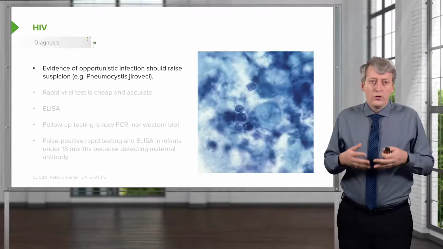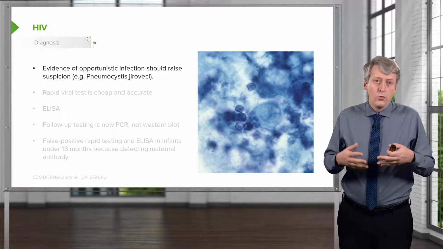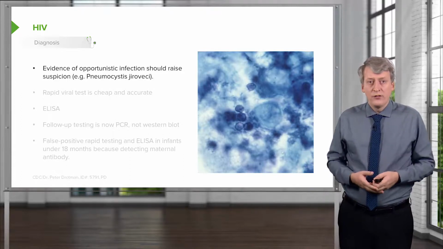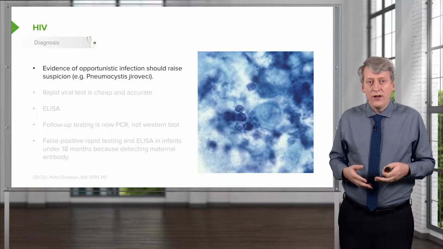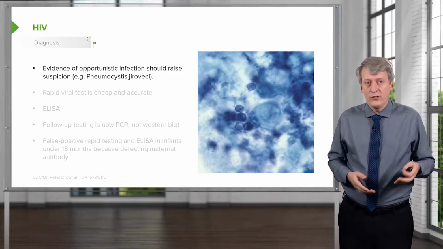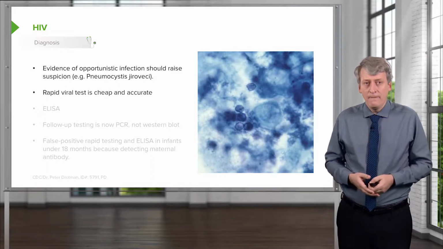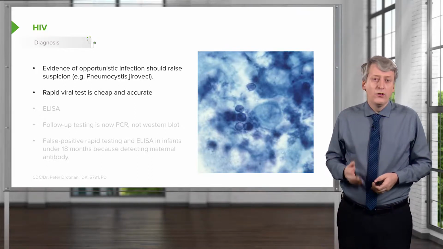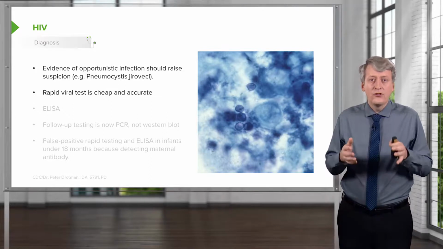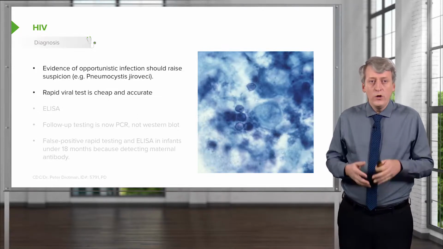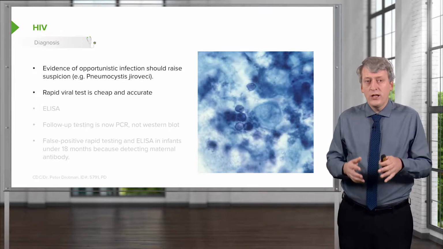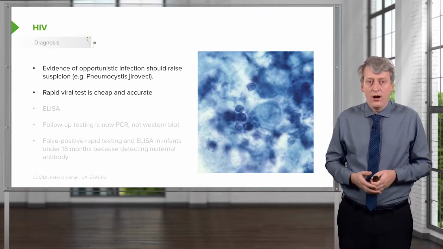HIV will present usually through evidence of opportunistic infections. So if you see an infection, such as pneumocystis jirovecii, you should be concerned that this is possibly HIV. A rapid viral test is cheap and extremely accurate. We should be using these more and routinely in adolescents who present for care.